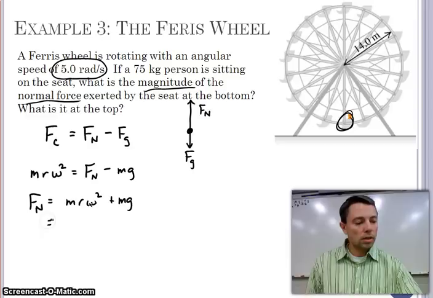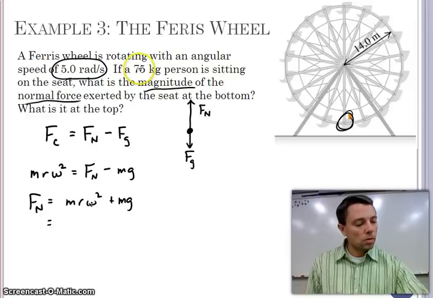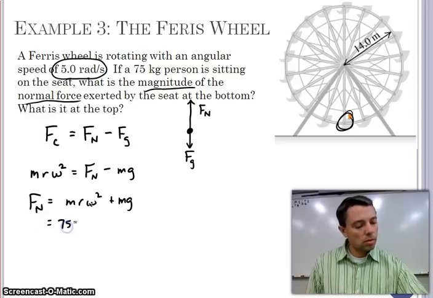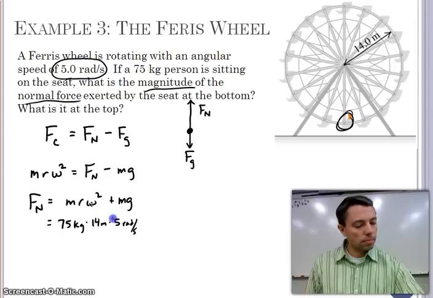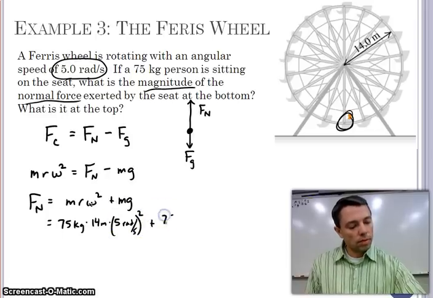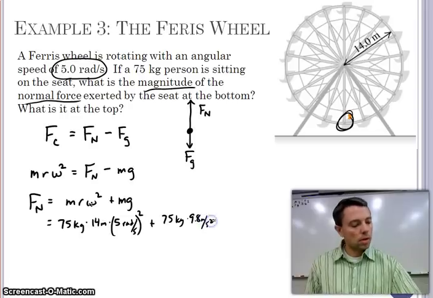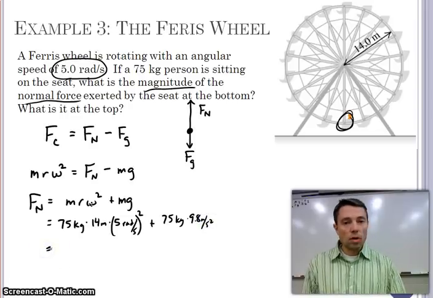So now I just have to plug some values in. 75 is the mass of my person. The radius was 14 meters. The omega was 5 radians per second, and I have to square that, plus, again, 75 kilograms times 9.8 meters per second squared, okay? So I'm just going to solve by parts.